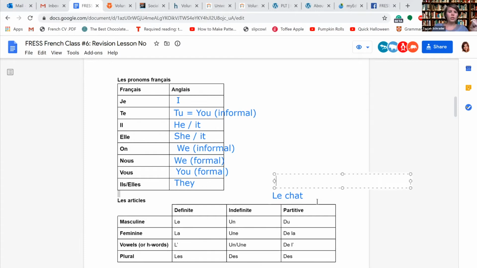By contrast, you could say la porte, which is door, is feminine. So you use the door, la porte. You have l', which is for words that begin with vowels or with H. So, for example, l'hôtel, the hotel.